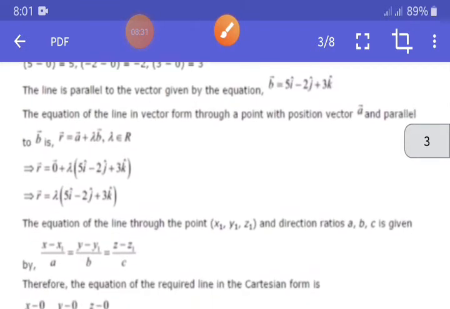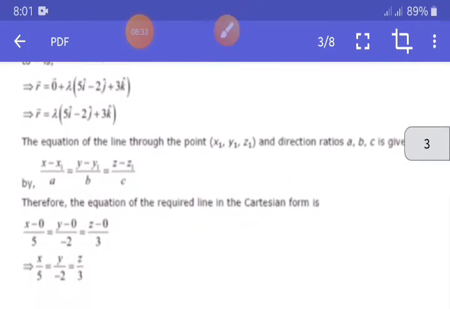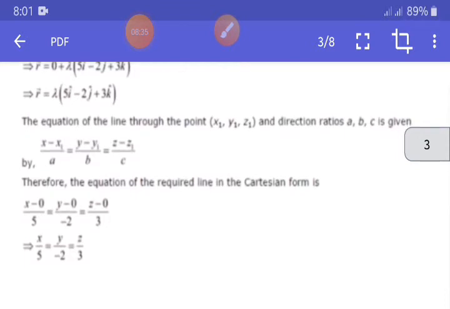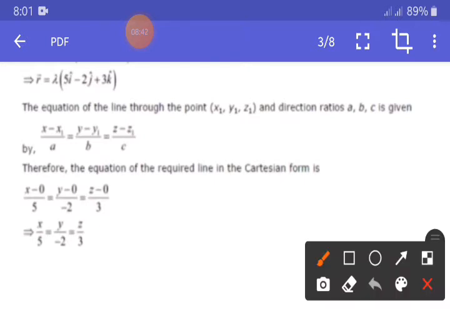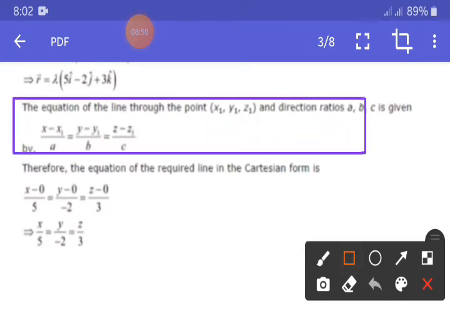The equation of the line through the point (x1, y1, z1) and with direction ratios a, b, c is (x - x1)/a = (y - y1)/b = (z - z1)/c.